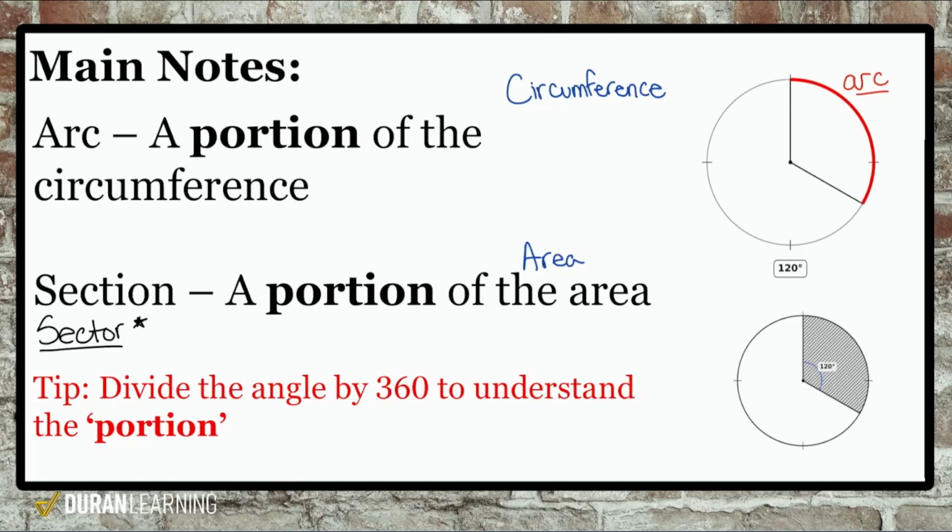The full measure, that would be the circumference if we went all the way around. But we're not going all the way around, and so we will call it the arc. So everybody, quick question before we get into sectors.